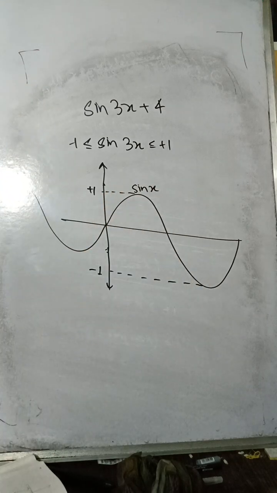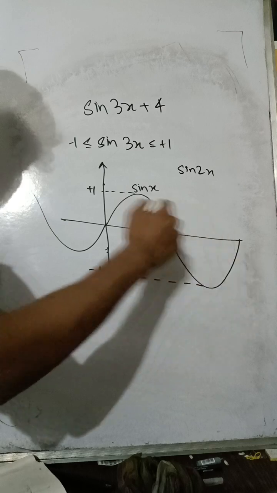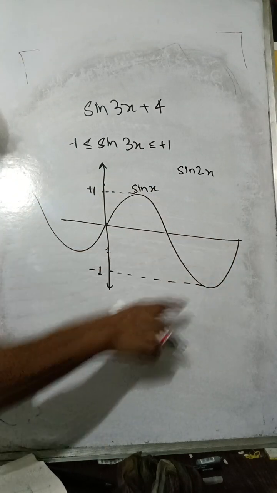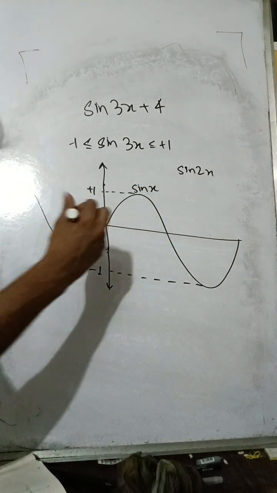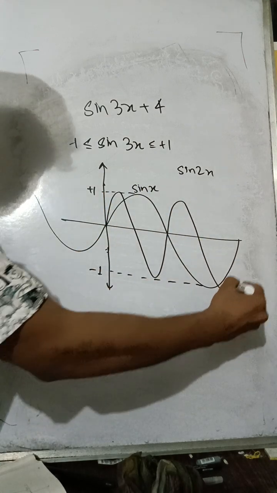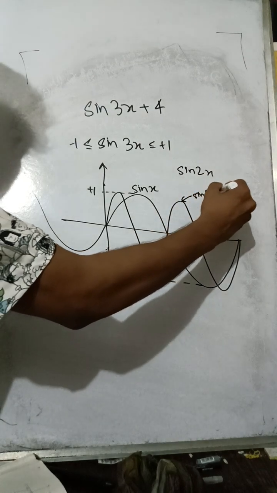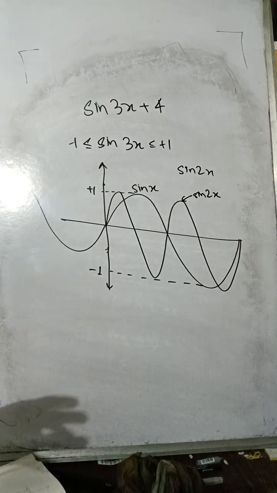So in that same cycle, sine 2x will do two rotations, something like this. This is sine 2x. Even in sine 2x, the maximum and the minimum values remain the same.